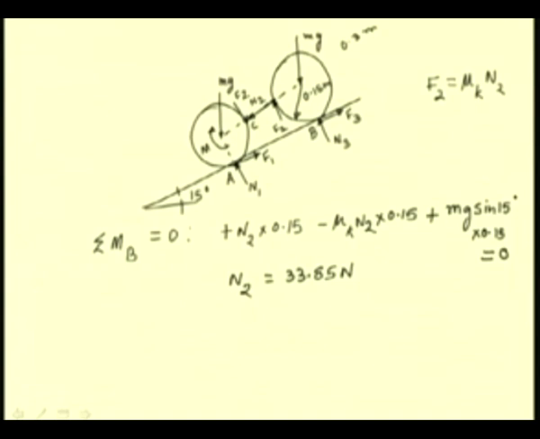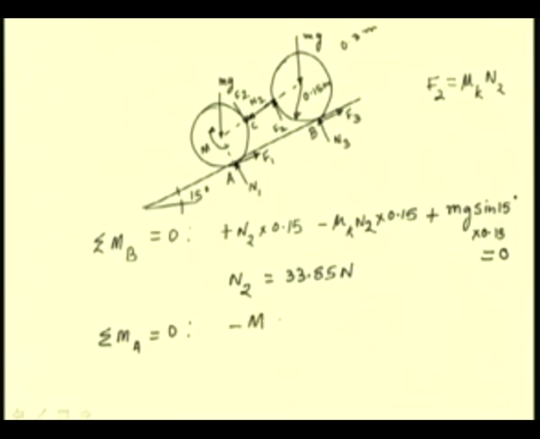Now, let us consider the other free body diagram and write the moment summation about point A. So, we have sigma M A equal to 0. So, we have this moment, which is clockwise.